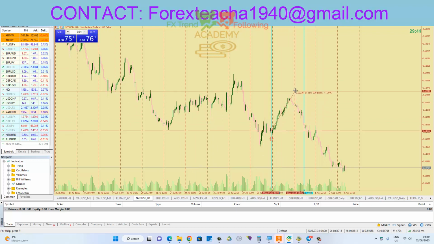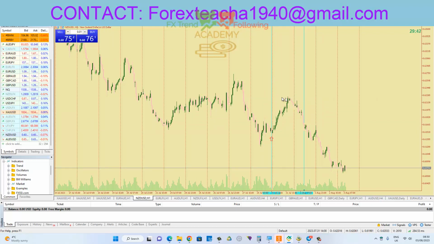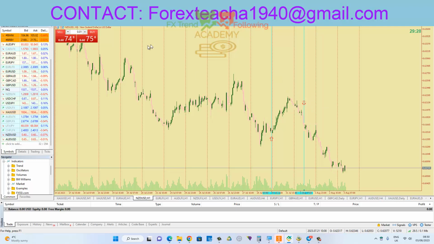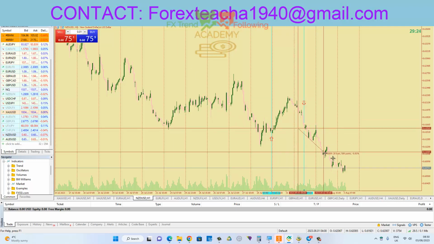This was about 69 pips. As you know, New Zealand USD does not move that much most of the time. This one was going to be another signal. This was going to be a sell when the New Zealand dollar index was weak. So this was also going to be another good trade. This is about 80-90 pips.